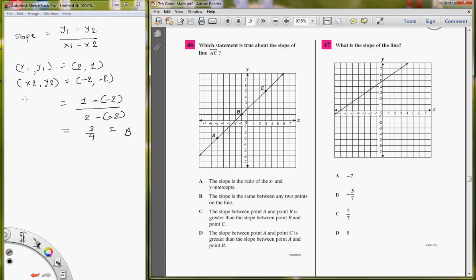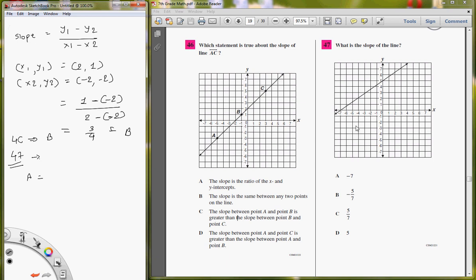Okay, so let's write down the number. The answer to 46 will be B. Now we are looking at question number 47. What is the slope of the line? Same thing, we will use the same formula here. Let's pick the 2 points. Let's pick the first point A, and I'm picking the one that intercepts on the y-axis.